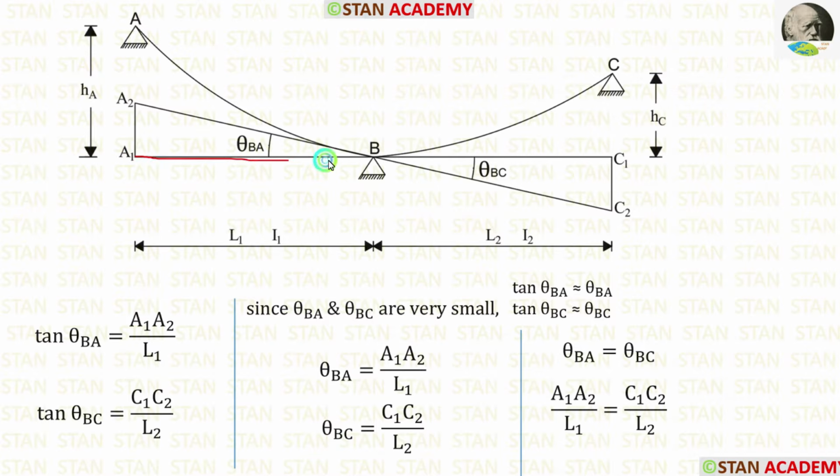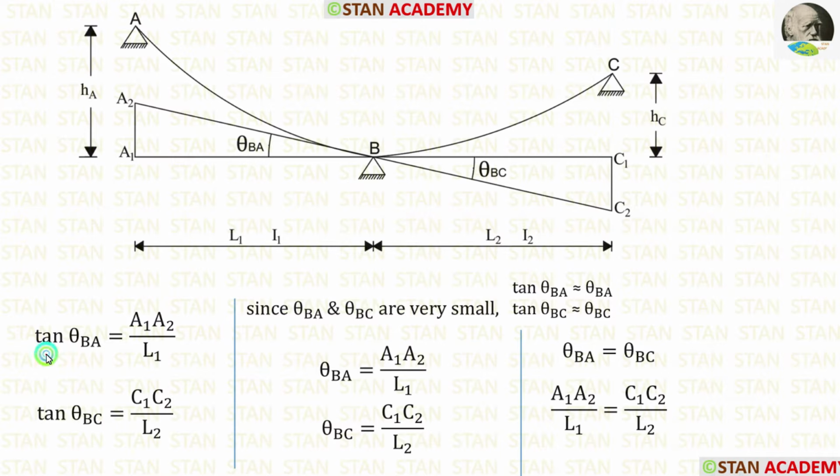Then let us make one horizontal line. The horizontal line is A1 B C1. The tangent line is A2 B C2. With respect to the horizontal line, we get two angles from the tangent, theta BA and theta BC.